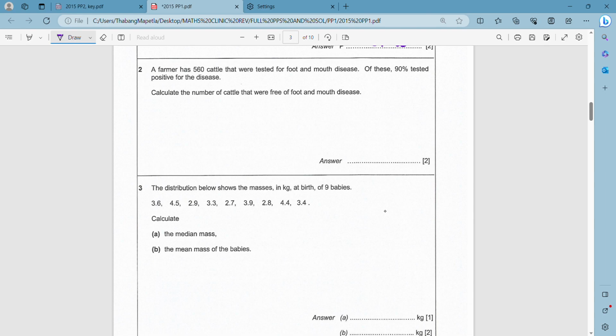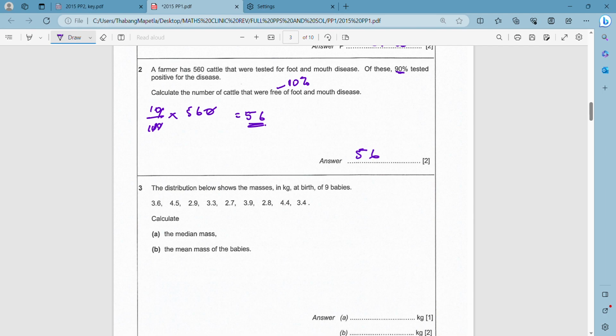You can do it one way or the other. 100 minus 90 means those that are free are 10%. So you simply get 10% of 560, and this 0 cancels that one, and then you get that only 56 cattle are free of the disease.